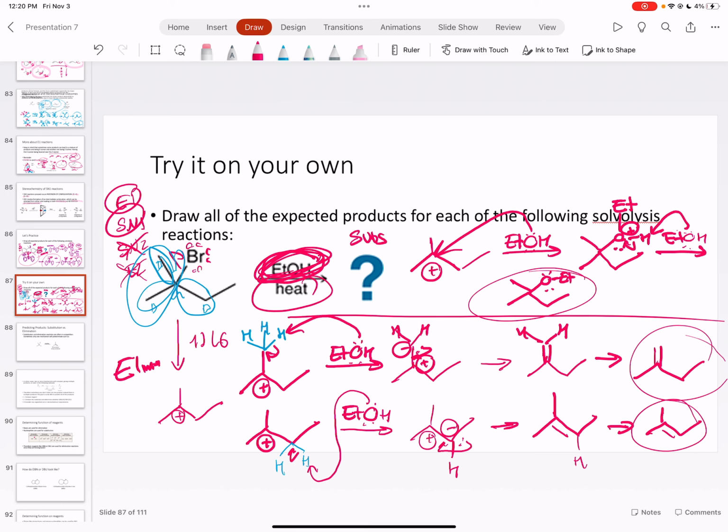Since this one's not bulky, like it's not big or it's not too big, when it's not bulky, since we already know what substitution is, our major product is gonna be the most substituted, while our minor product is gonna be the least substituted.